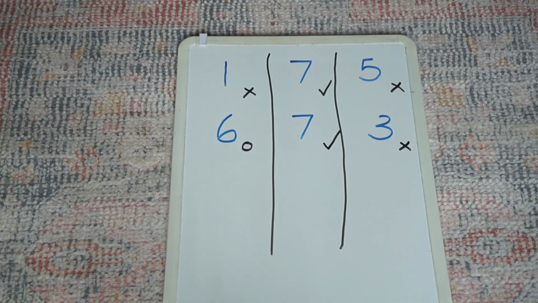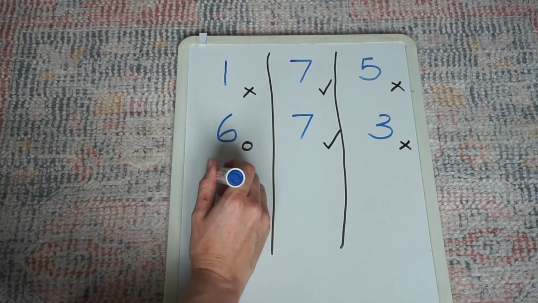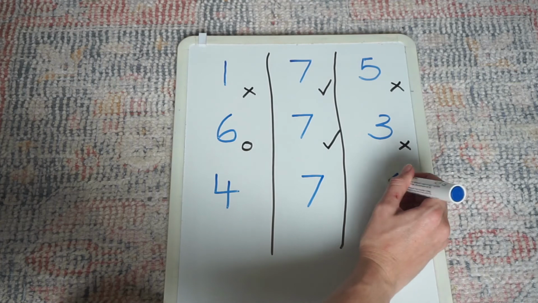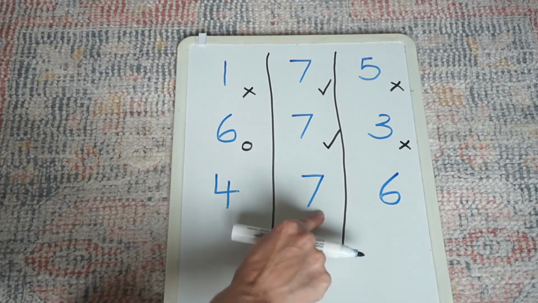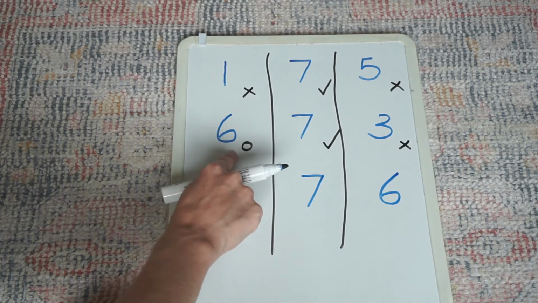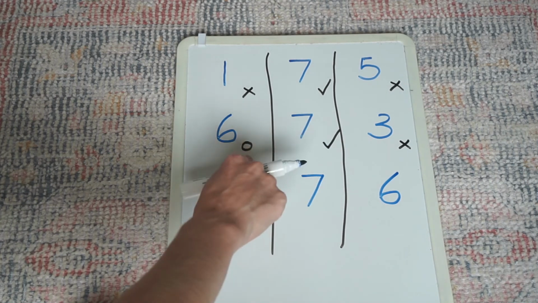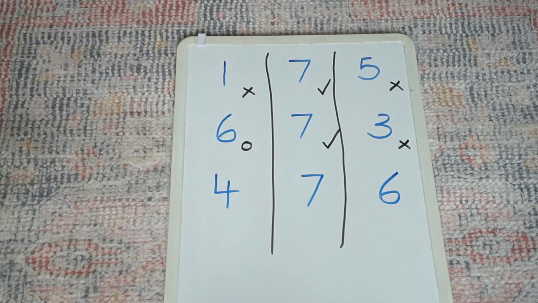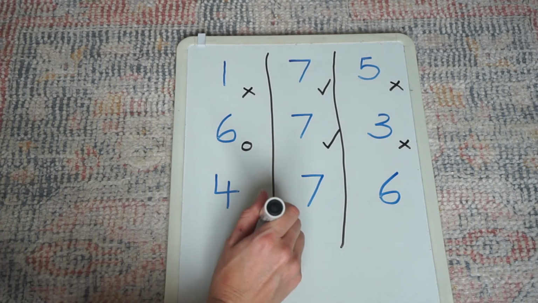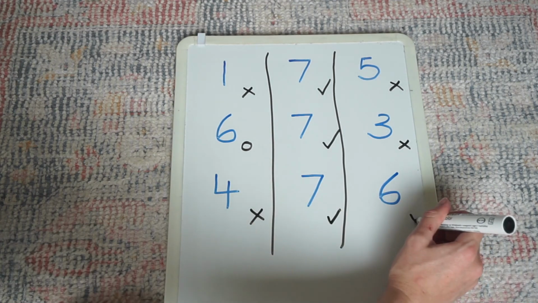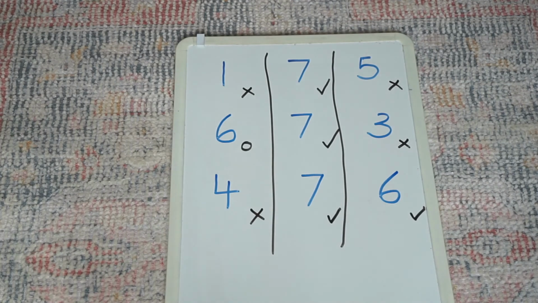Alright, the next number that I might guess is 476. I know the 7 belongs there, and I am assuming now, because the 6 is in my number, and it obviously doesn't belong there, and it doesn't belong here, it must go here. So once again, I actually do not have the number 4 in my number. 7 is in the right spot, and now 6 is also in the right spot.